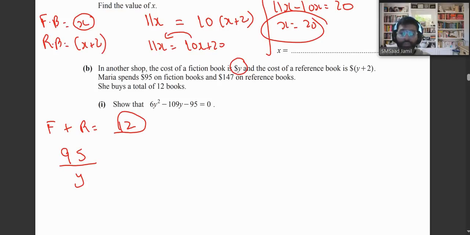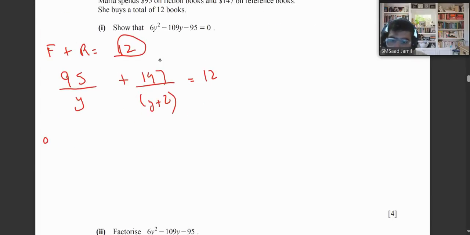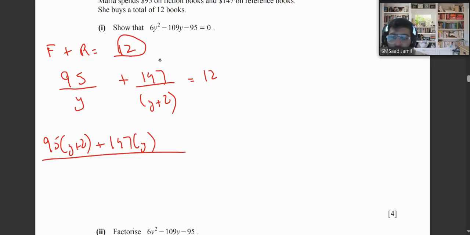I want to show you the logic. Plus 147 on reference books, and the price of each reference book is Y plus 2, and the total quantity is equal to 12. Now comes algebra. 95 multiplied by Y plus 2 plus 147 multiplied by Y upon Y multiplied by Y plus 2 is equal to 12.